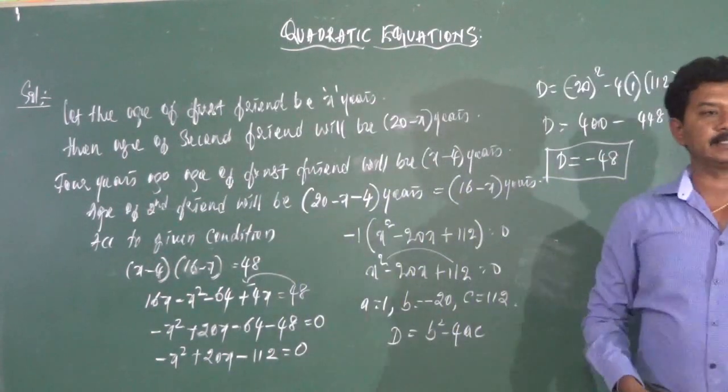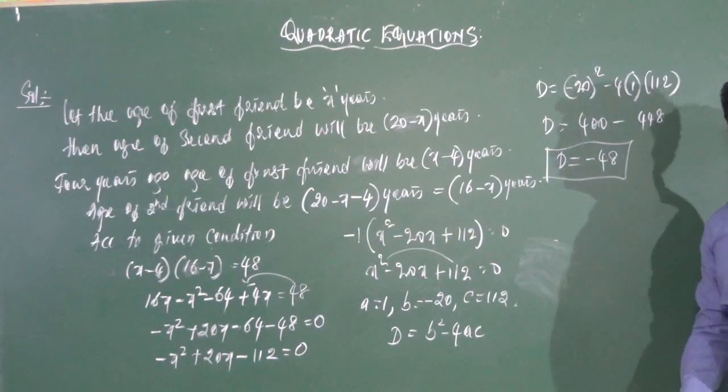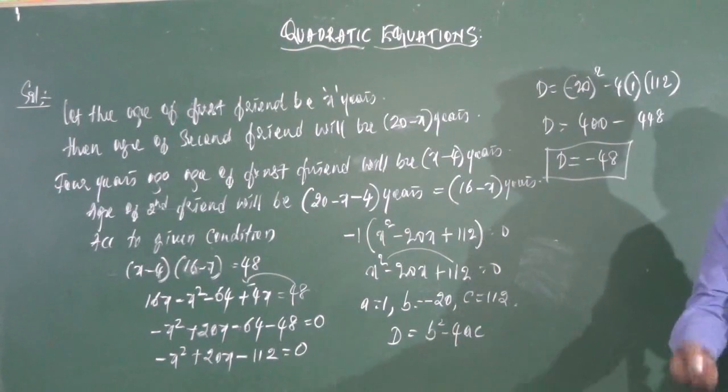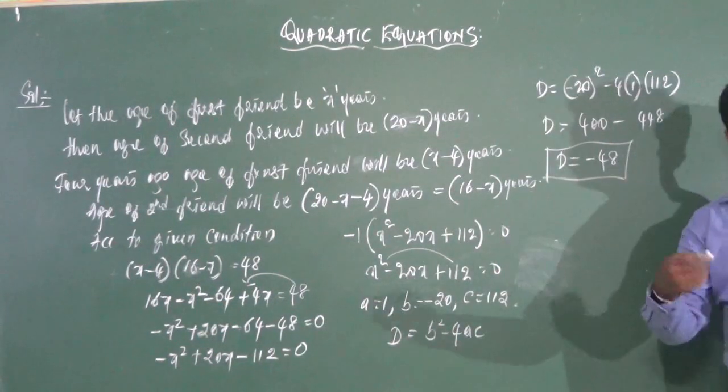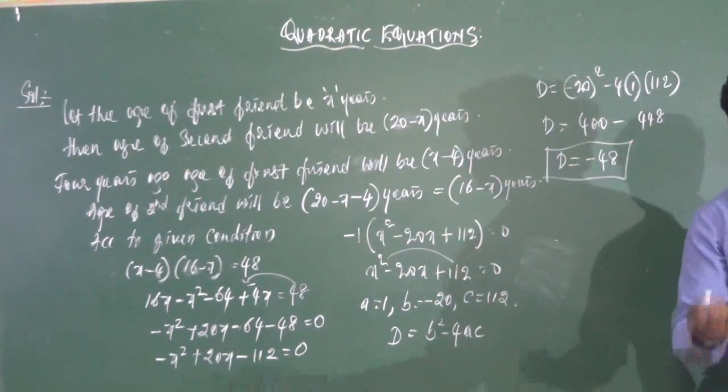So the discriminant value is less than 0. If the discriminant value of a quadratic equation is less than 0, we say that the roots are not real, that is, the roots are complex or imaginary. So the quadratic equation doesn't have any real roots.